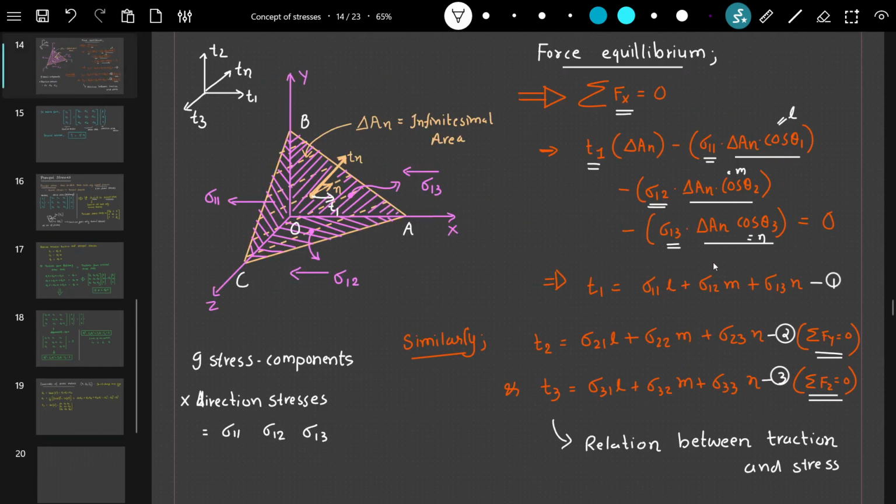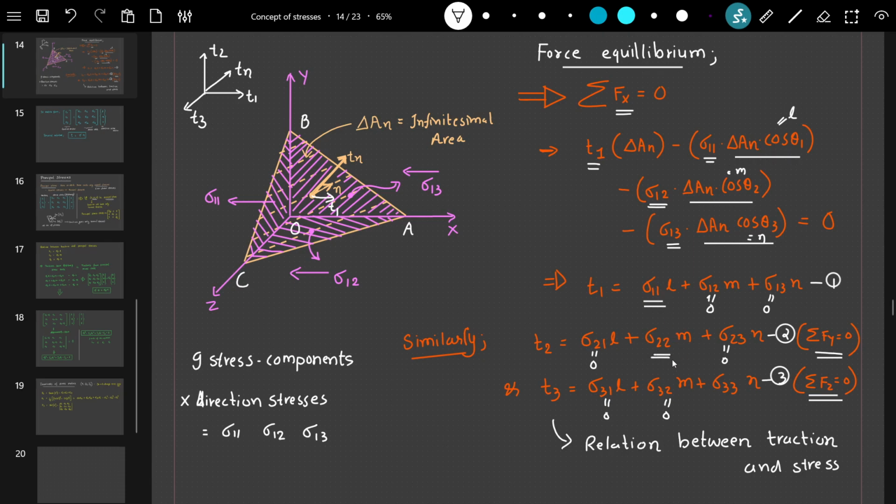This is our relation between traction and arbitrary stress. For principal stress, all shear components are zero, and we will have only the diagonal components.